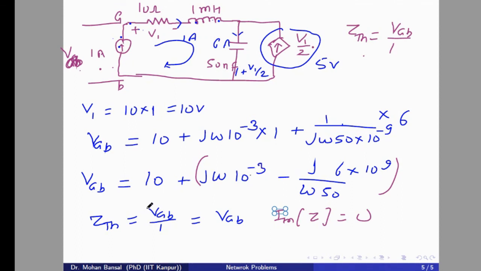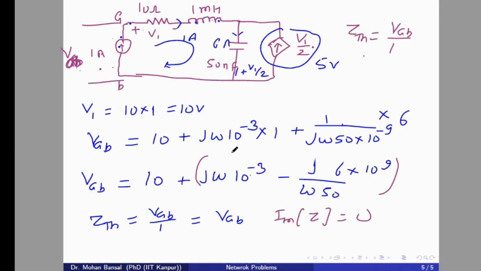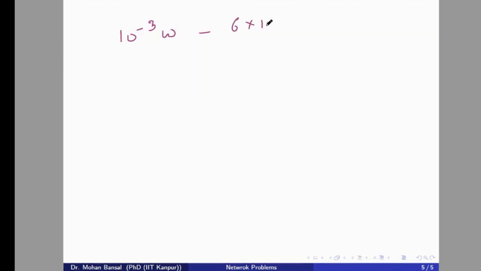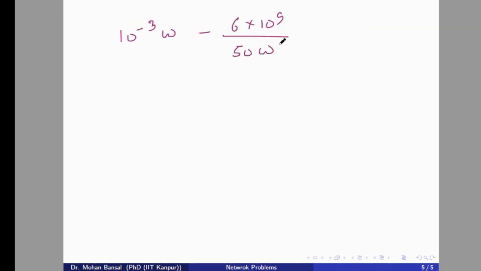So we are going to write the imaginary part of the impedance, that is 10 to the power minus 3 omega minus 6 into 10 to the power 9 divided by 50 omega, which is equal to 0. If we simplify it, after simplifying you will get the value of omega, that is omega r or omega naught, you can represent by any notation. Omega naught will be 346 kiloradian per second.